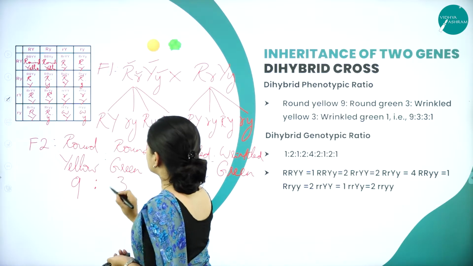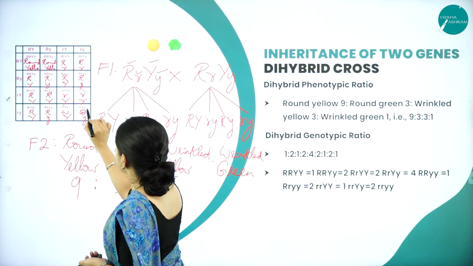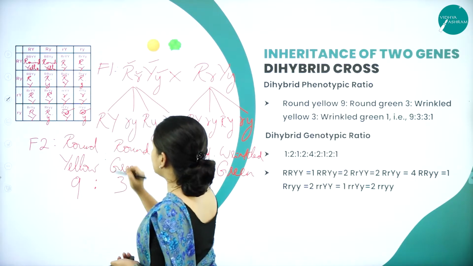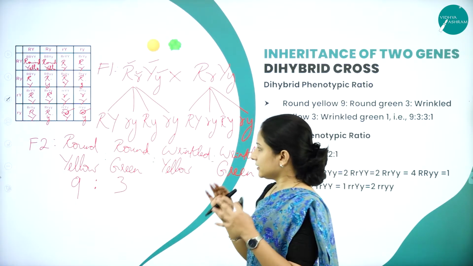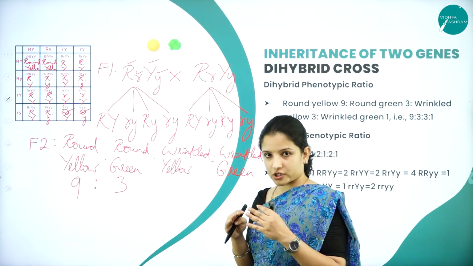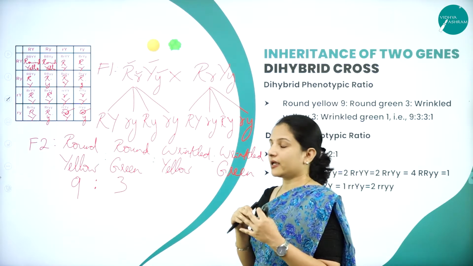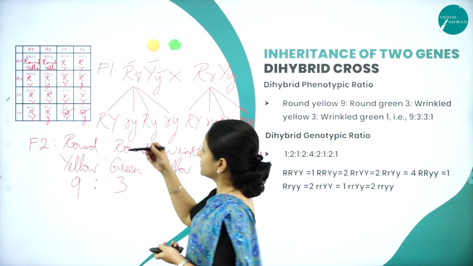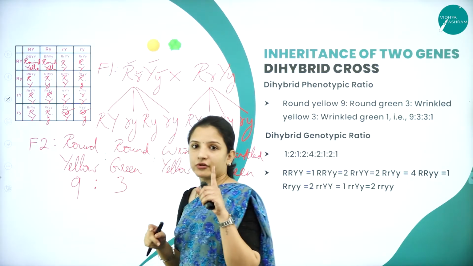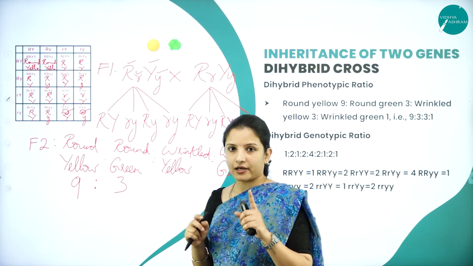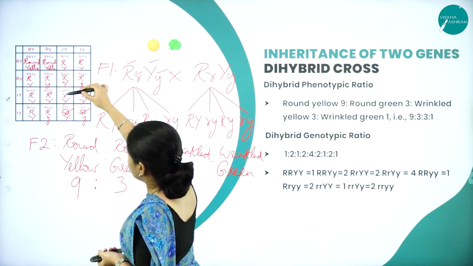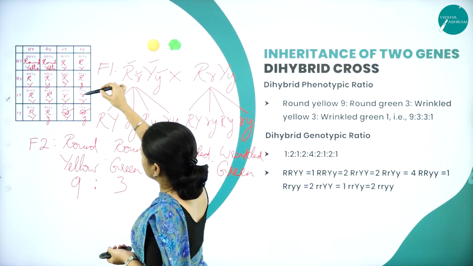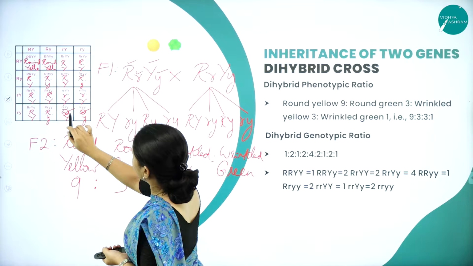So 3 seeds are there. How many plants in the F2 generation will produce seeds which are wrinkled and yellow in color? We shall see. Wrinkled means it will be small r, right? So wrinkled yellow, 1, here 2, wrinkled yellow, 3.